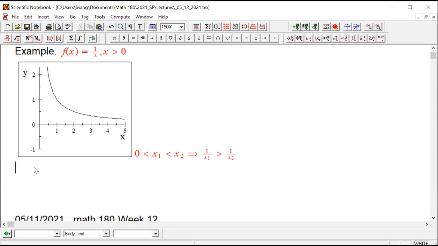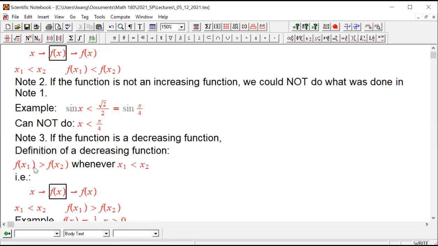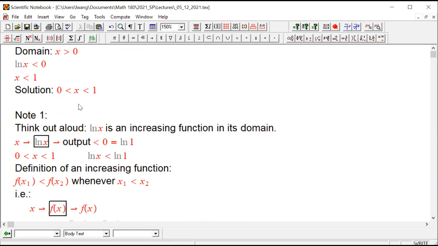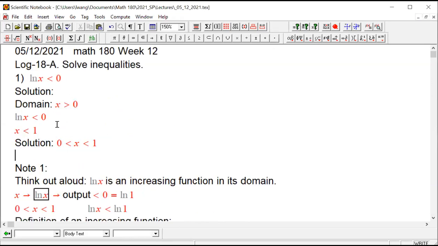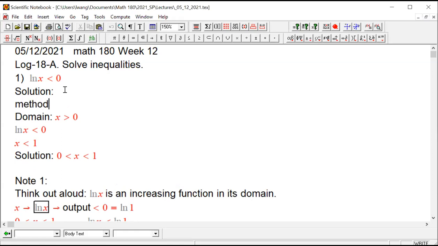Okay, so understand note 1, note 2, and note 3. Now, let's look at the other method of solving ln x less than 0. So this is method 1. I want to show you method 2, and then we're going to work on the sine function.